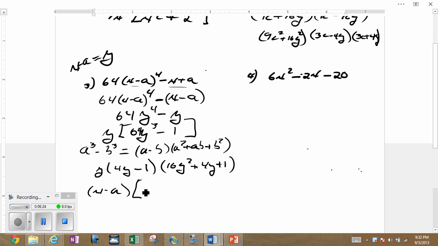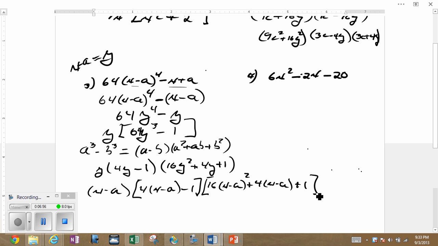Use brackets perhaps, 4 times x minus a, minus 1, and it's going to get a little crowded here, okay, 16 times x minus a, that's collectively squared, plus 4 times x minus a, plus 1. Now, that is now factored.